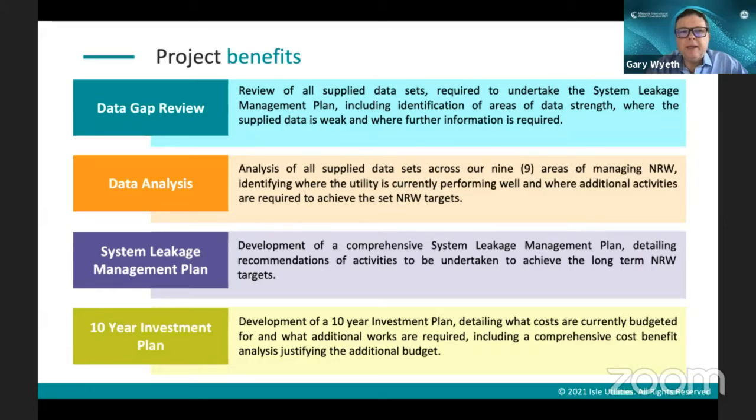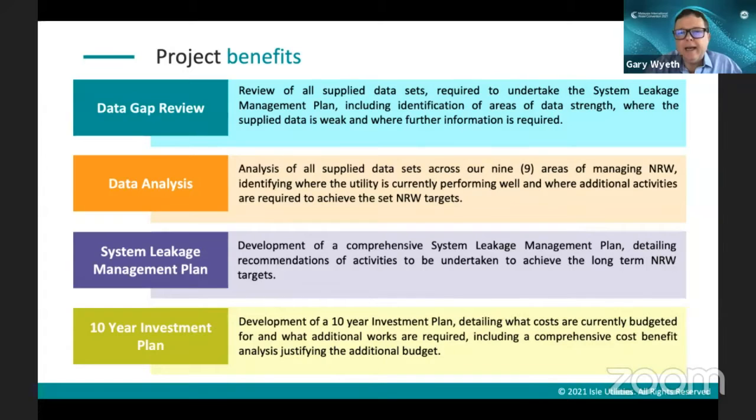Sometimes it can just be a case of utilities not thinking too much about the data they have. We've worked with one utility in Australia, which was actually an amalgamation of several councils, and those councils had all been joined together to create one big water utility.